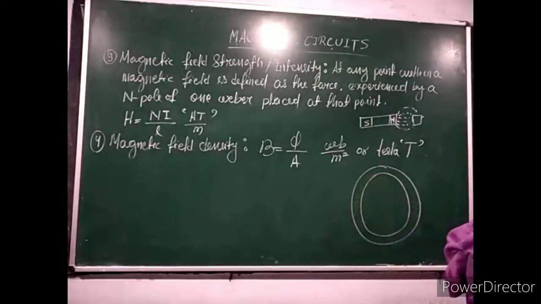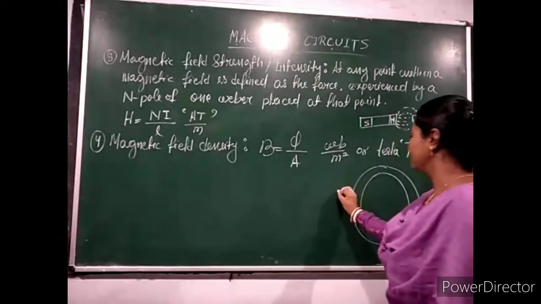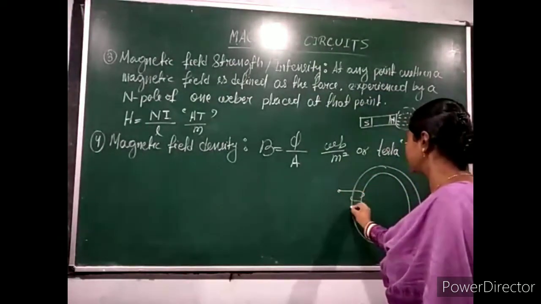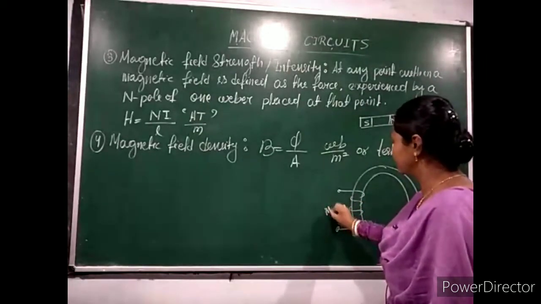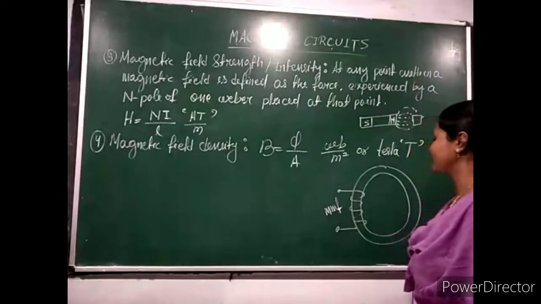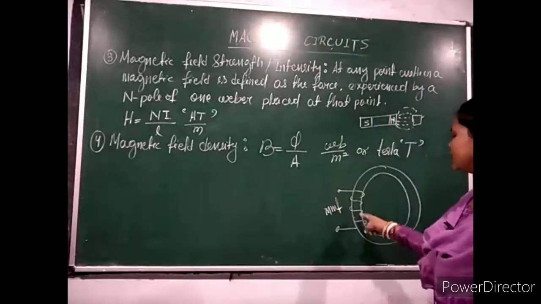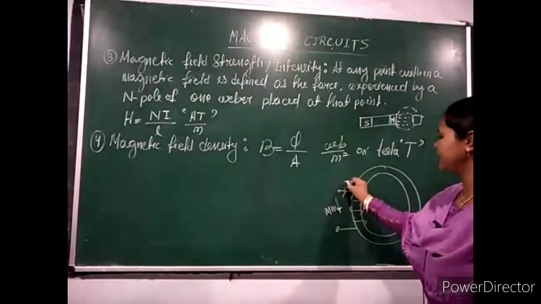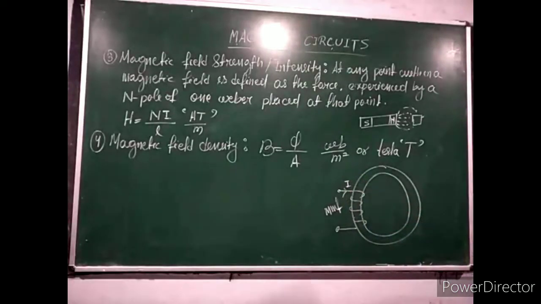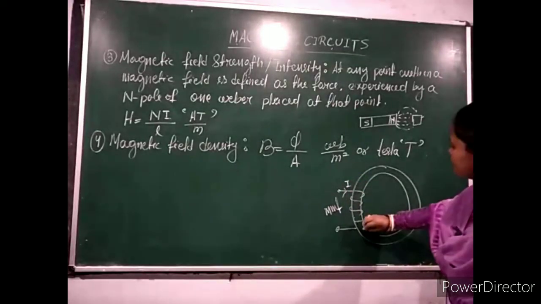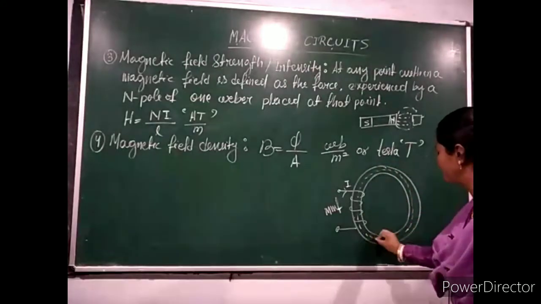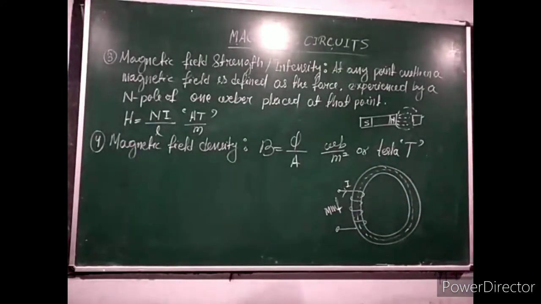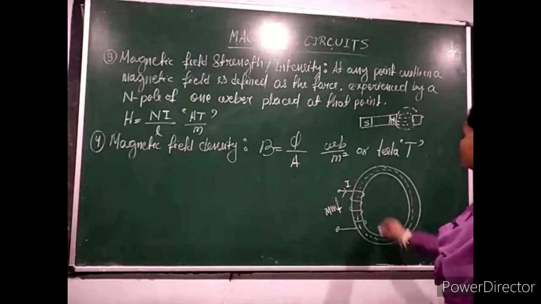Here I wind n number of turns on this ring and give the external force, that is the MMF, to this coil, so that current I flows through this coil, which makes flux follow this path.